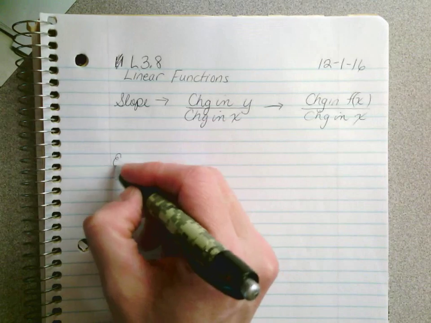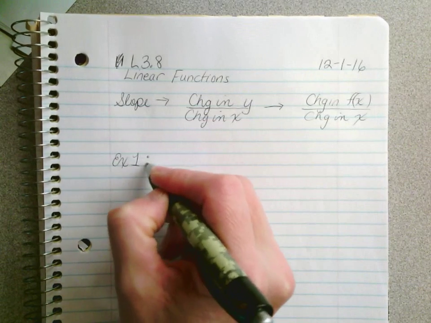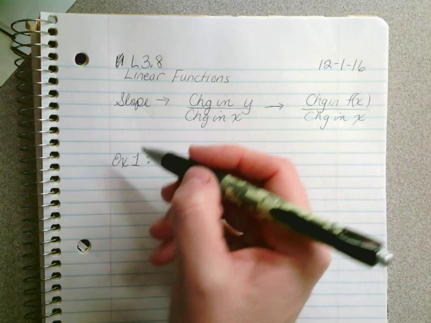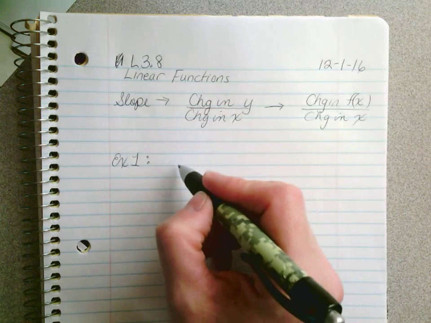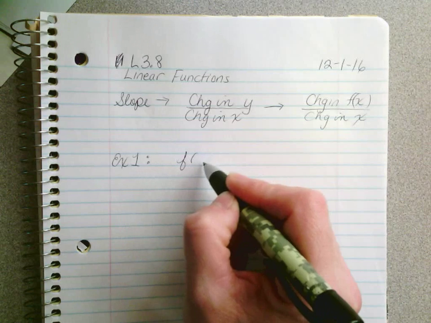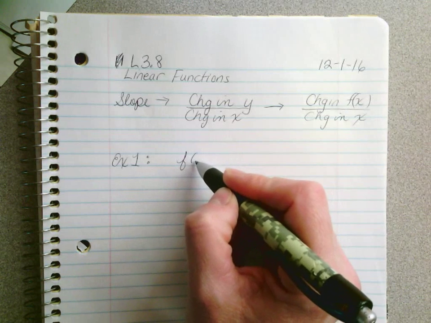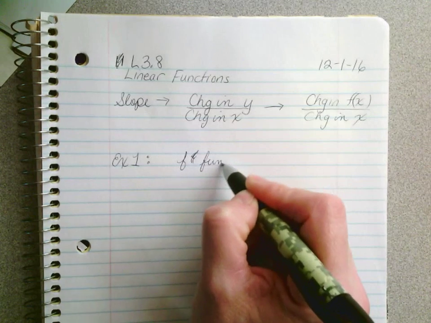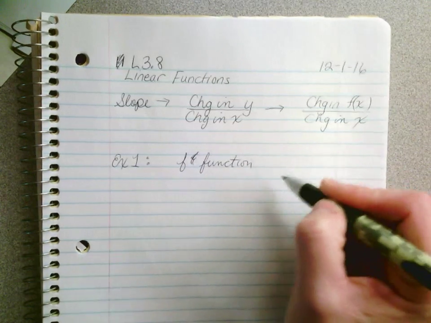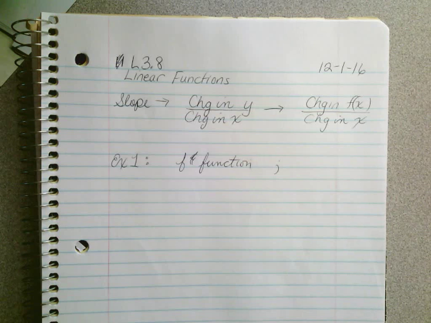So this is going to be example 1 from my world. Finding equations of the linear functions, the f function and g function, given the following data. I'm going to give you some data and we're going to use it to uncover the information that we need.